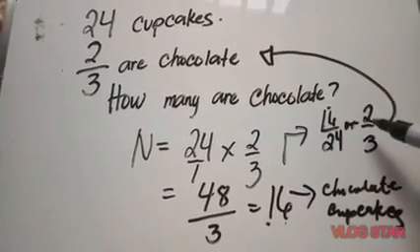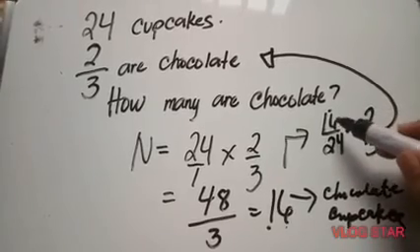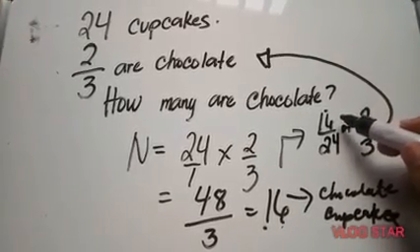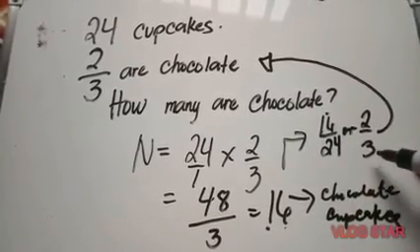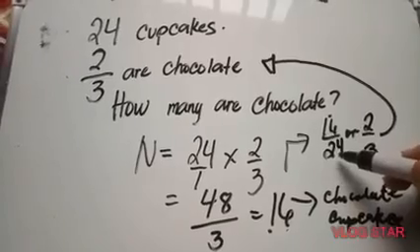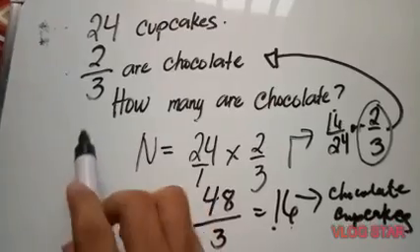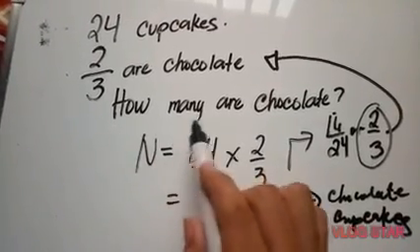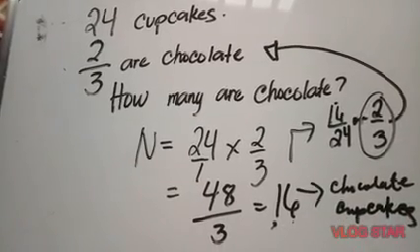If you are asking how I get 2/3, 16 divided by 8 is 2, and 24 divided by 8 is 3. That's why I get 2/3. So our final answer, how many are chocolate? We have 16 chocolate cupcakes.